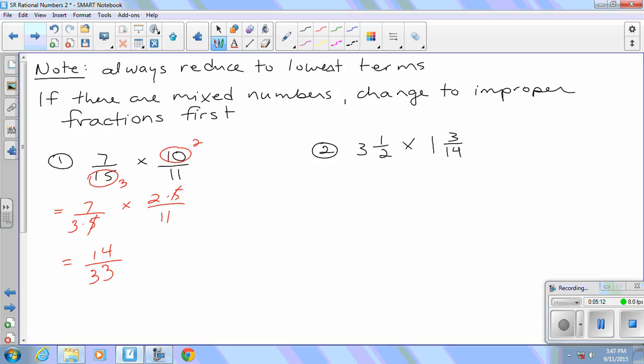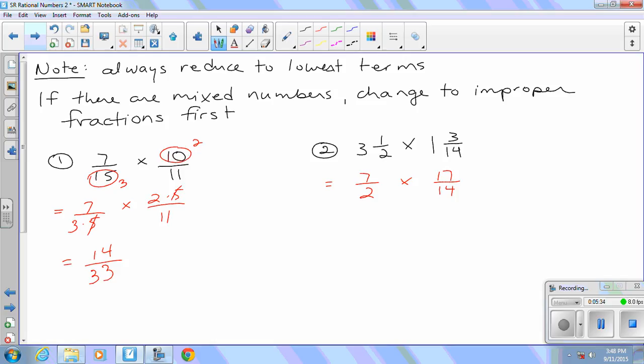If we look at example 2 and we switch to improper fractions first, we end up with 3 times 2 plus 1, which is 7 halves, times 1 times 14 plus 3, 17 over 14. And 7 times 17, that's kind of hard to do in your head.